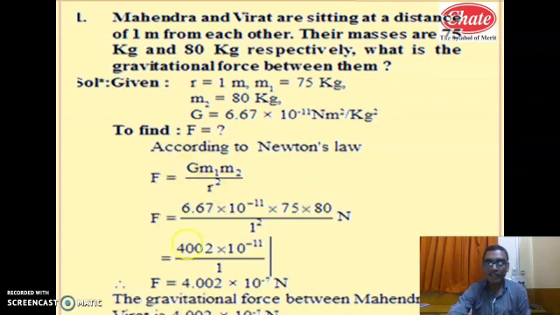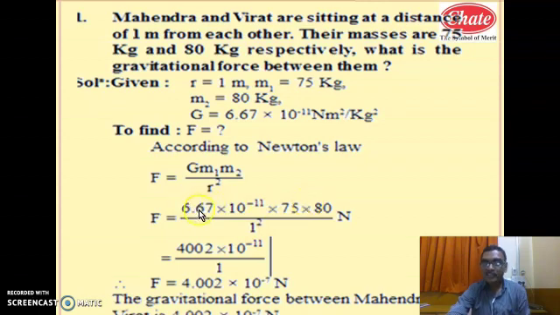Now substituting the values. Here G is 6.67 into 10 raised to minus 11. This is a constant value, so you have to remember it and take it in every calculation of gravitational force. The first mass is 75, the mass of Mahendra. The second mass is 80, the mass of Virat. And the distance r between them is 1, so 1 square.